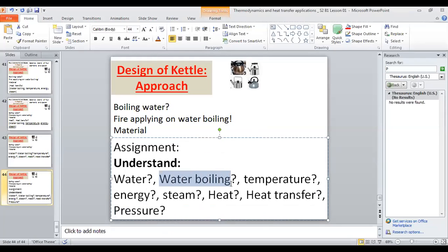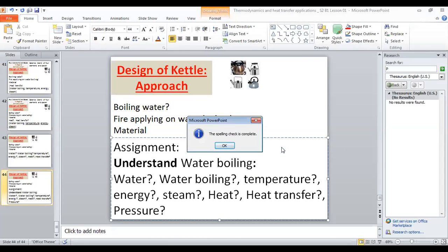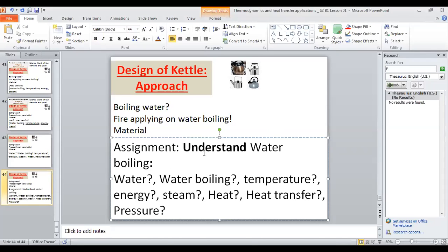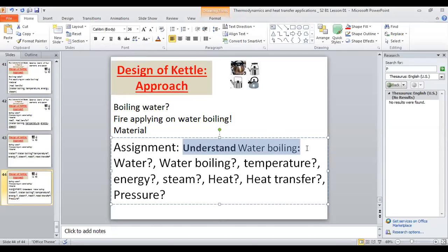Water boiling. Understand water boiling. So this is your assignment. Understand water boiling.